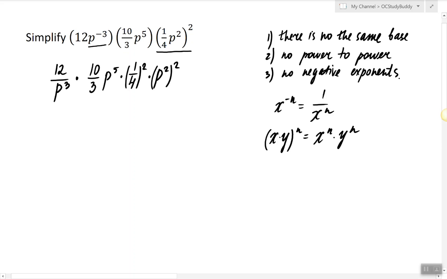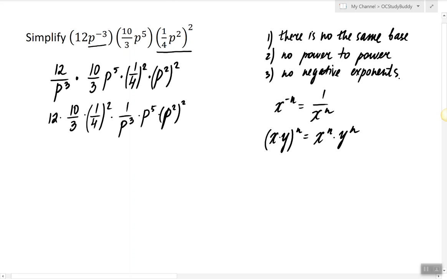Next, we are going to move all the coefficients to the front. And we're going to write all the variable expressions on the right side.